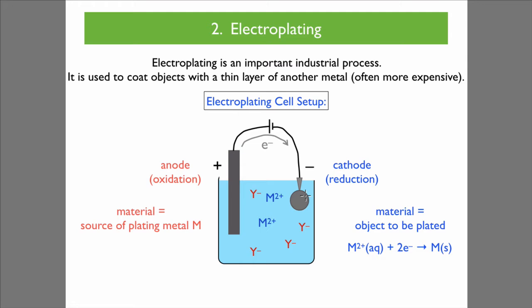The material which is the source of the plating metal M is the anode. So this would be M, goes into solution, and then it gets plated over here.